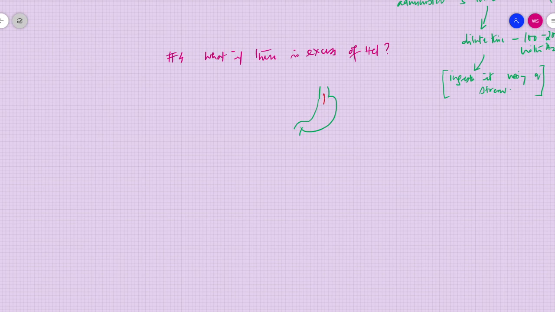One, it can reflux into the esophagus. The esophagus is this tube that brings the food into the stomach. So if there is excess of acid, it could go back.